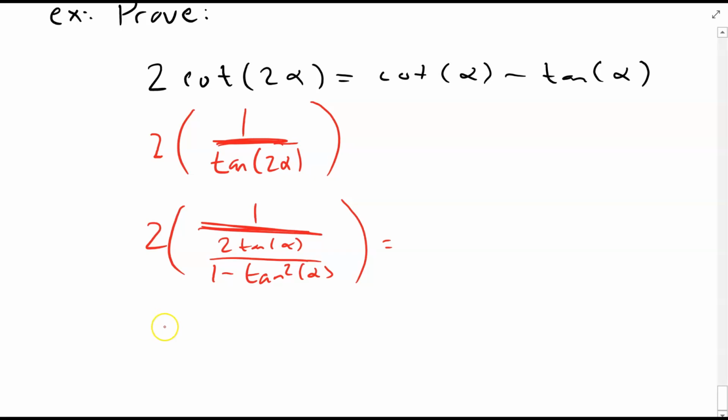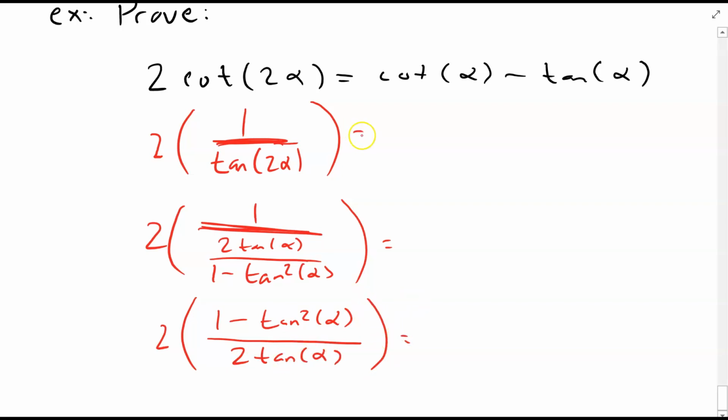Let's get rid of this fraction inside of a fraction. Because it's just 1 over a fraction, it basically just means to write the reciprocal. And then what do you notice we can do here? Yeah, that's what I would do. Cross out those 2's.